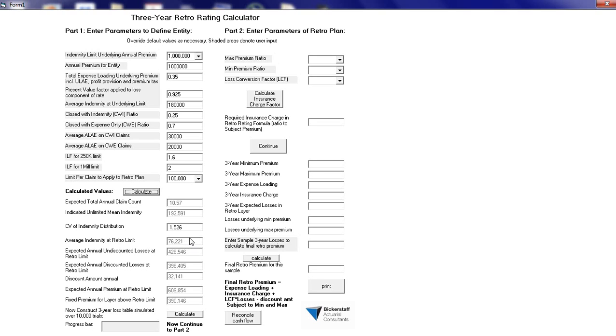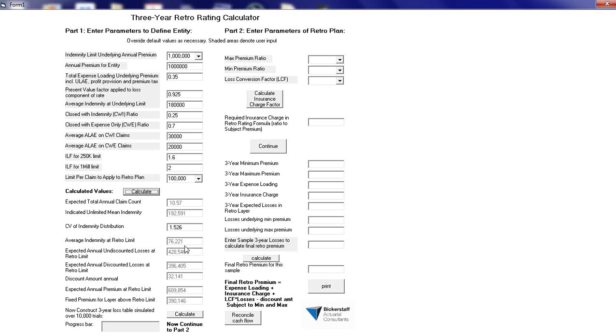So with that information now, with the average expense up here and the total frequency expected, we can determine what the expected annual undiscounted losses will be at this 100,000 limit, and that comes out to be about 428,000. That's undiscounted. But again, using this same discount factor up here of 925, the corresponding discounted losses will be about 396,000.